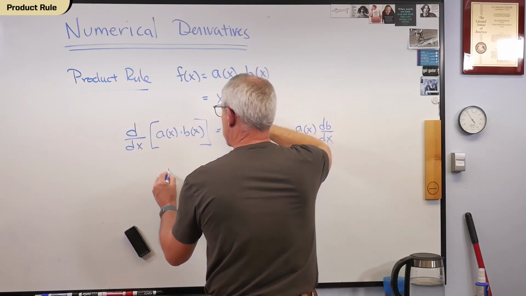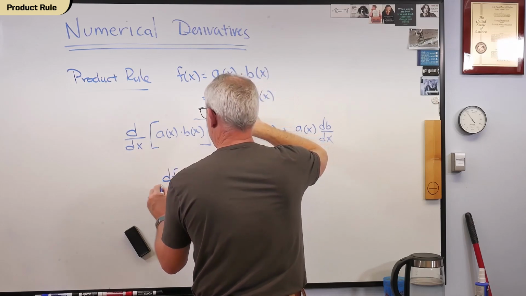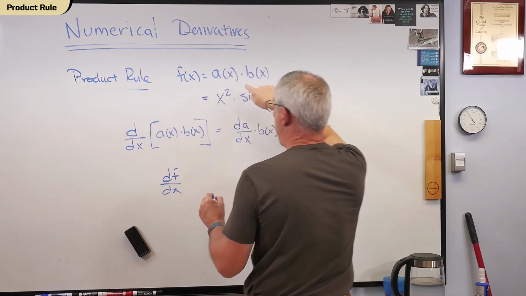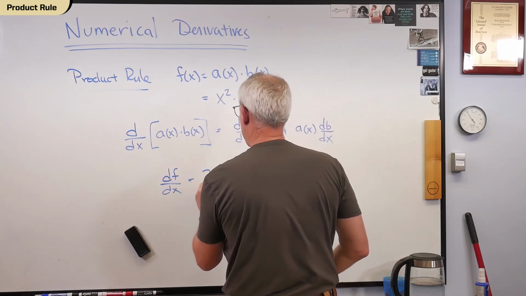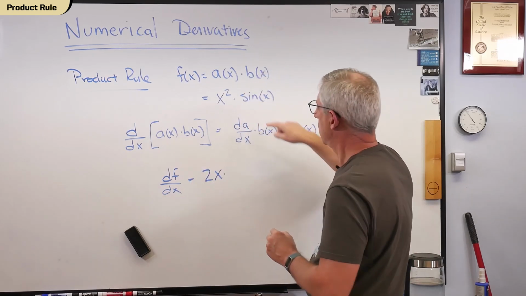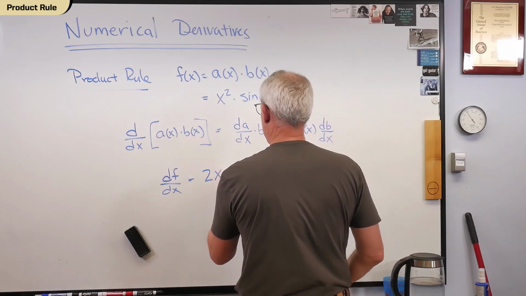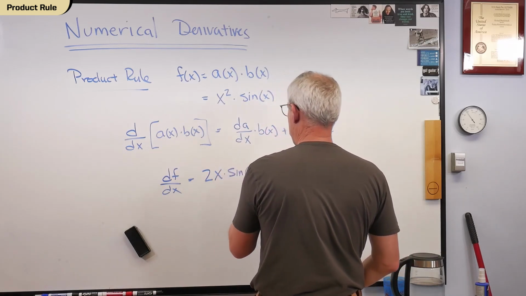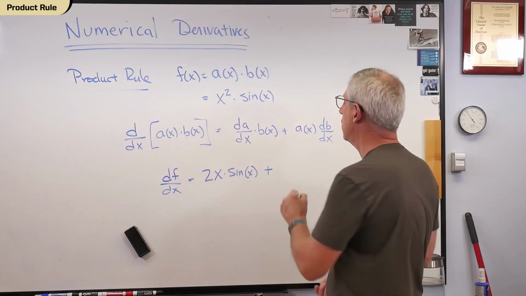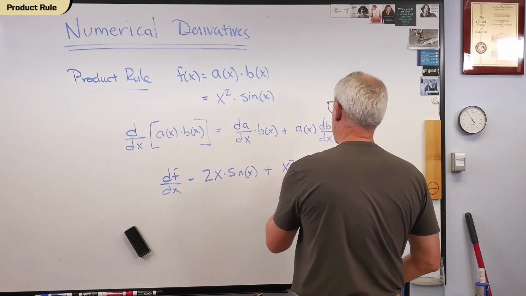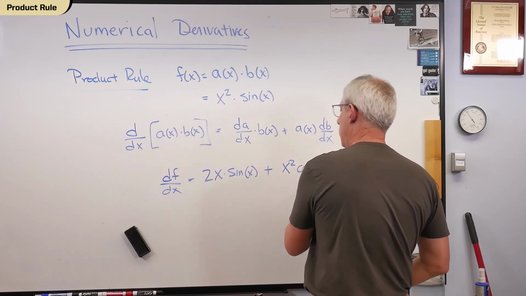Well, so df dx, where that's f right there. Derivative of the first times the second. Well, I can do that. Times the second, which is sine x, plus the derivative of the second times the first. Well, the derivative of sine is cosine, so it's x squared cosine x.